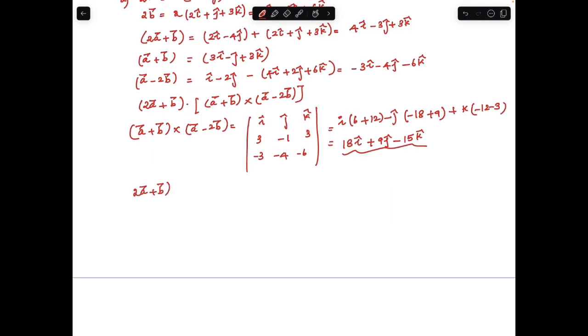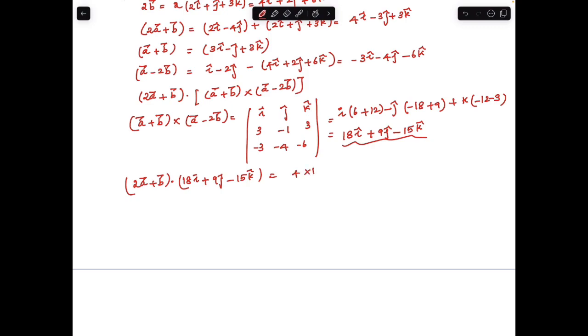2A plus B dot 18I plus 9J minus 15K is equal to 4 times 18 plus minus 3 times 9 plus 3 times minus 15, which is equal to 72 minus 72, which is 0.